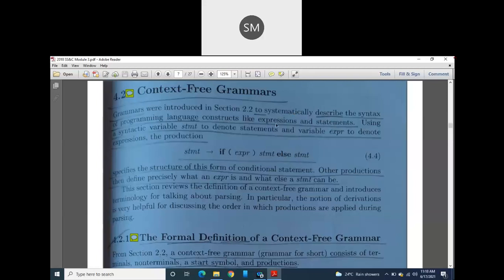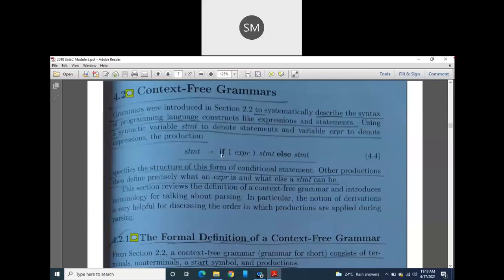Remember, guys, for expressions in our explanation we are going to use one particular variable to represent that expression, that variable is expr, small letter expr. Then we use one more variable for statements, that is stmt. Here I have written one production.